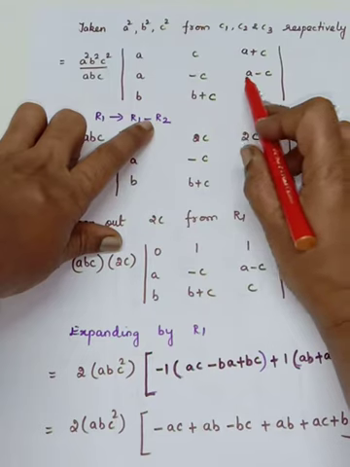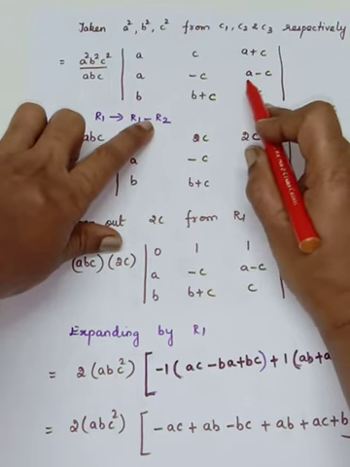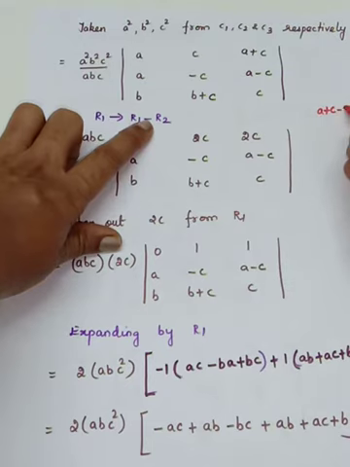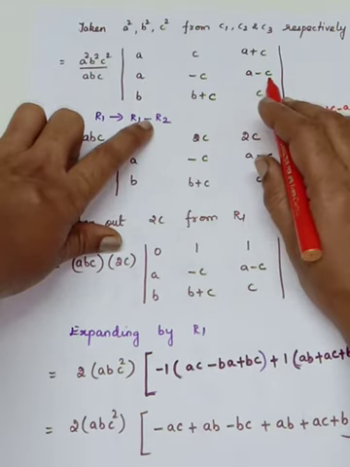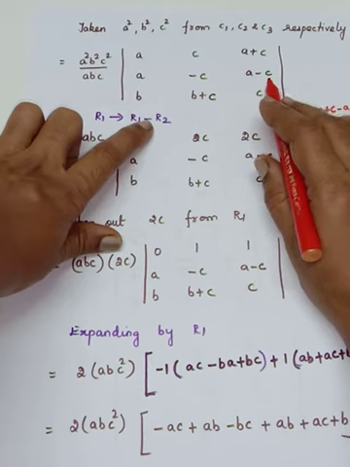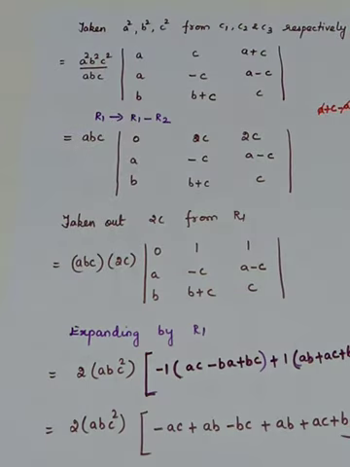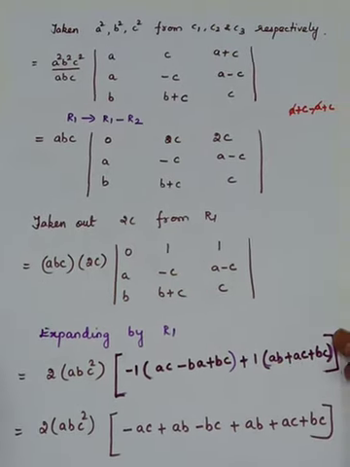Minus. And you see R2 has 2 elements, so the minus has to be given to the first element. So it is minus A. The same minus has to be given to the second element. Second element is minus C, so it will become plus C. So plus A and minus A get cancelled. What is remaining? That is C plus C.